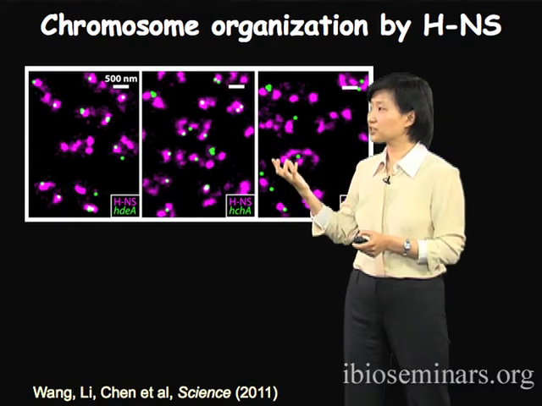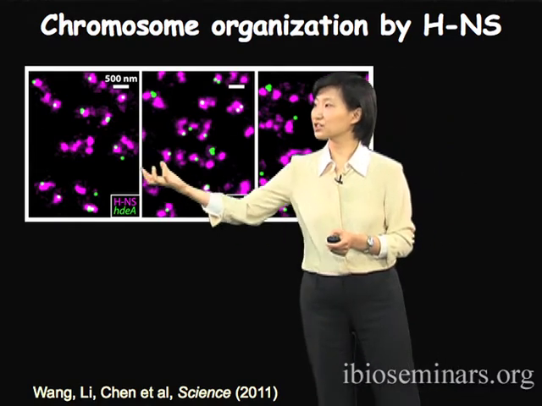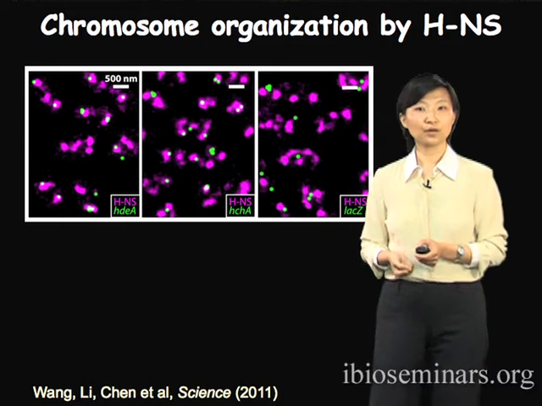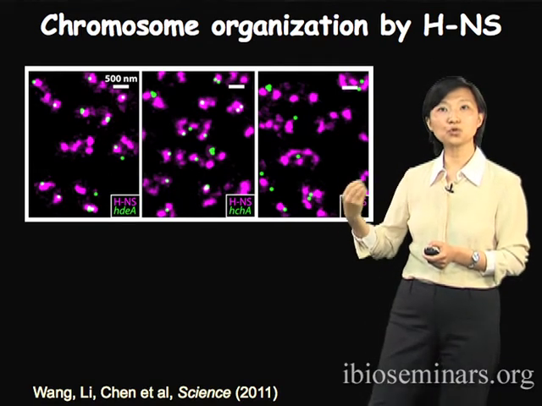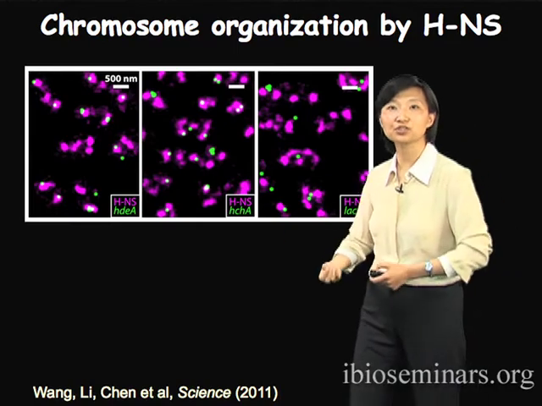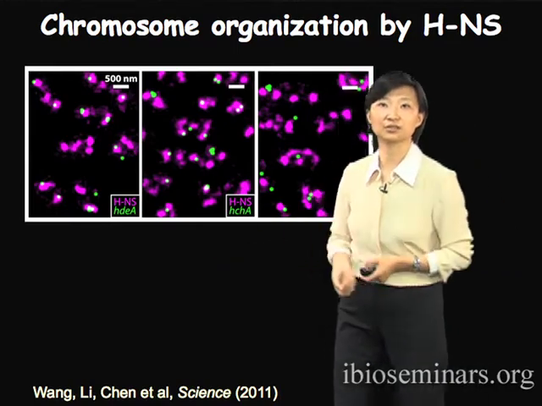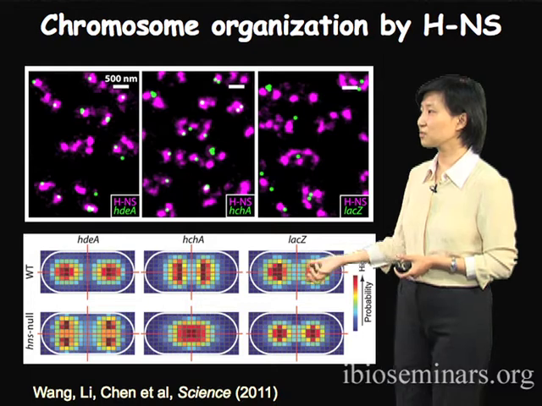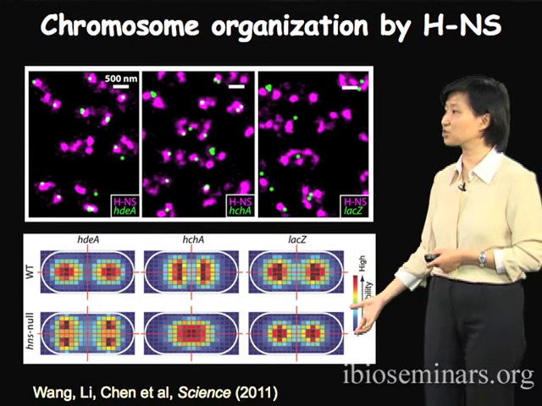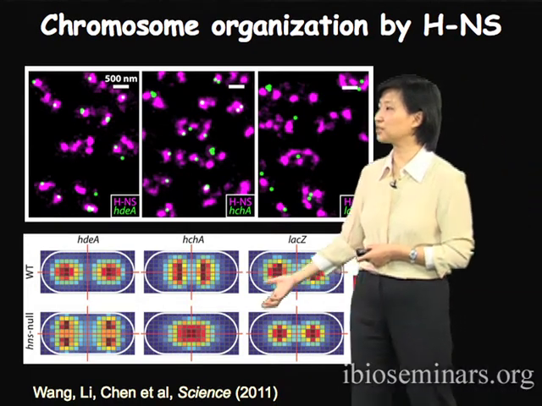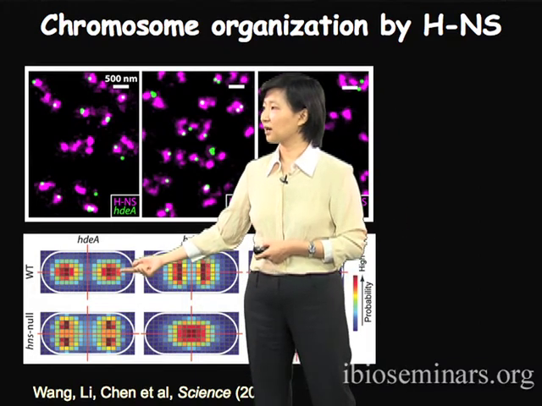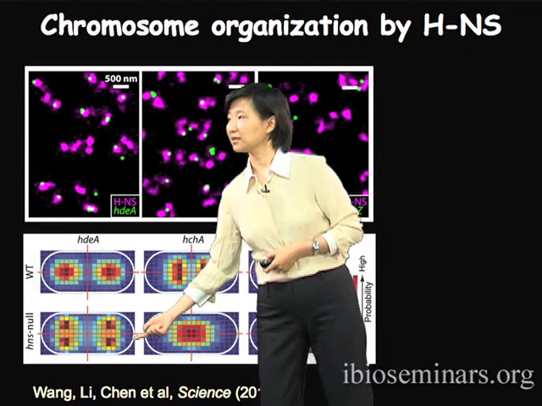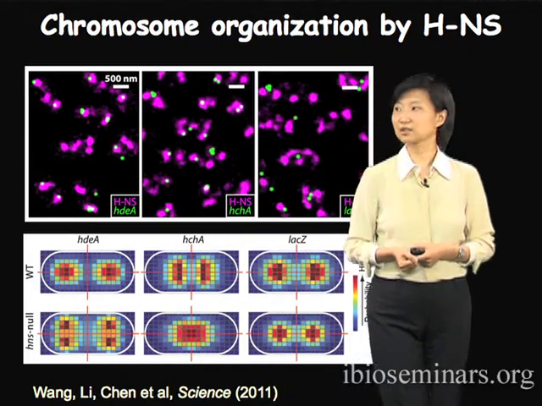By sequestering these gene loci into the clusters, we also found that the gene loci are moved by substantial distances inside the nucleoid, as demonstrated in these distribution maps, where we compared the distribution of the gene locus in wild-type cells and in cells where HNS is deleted.